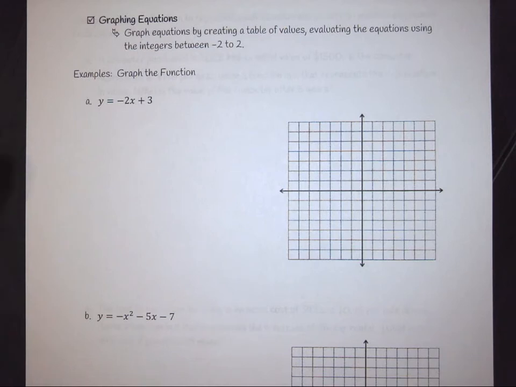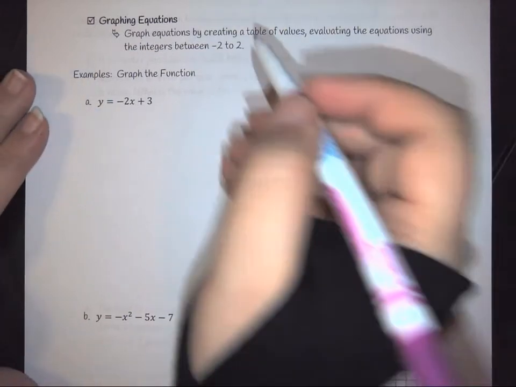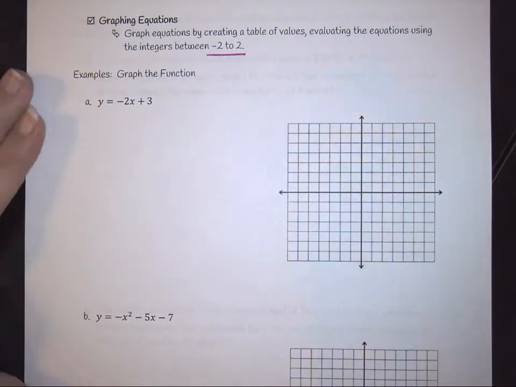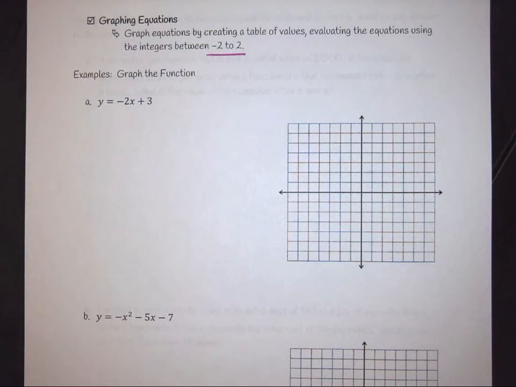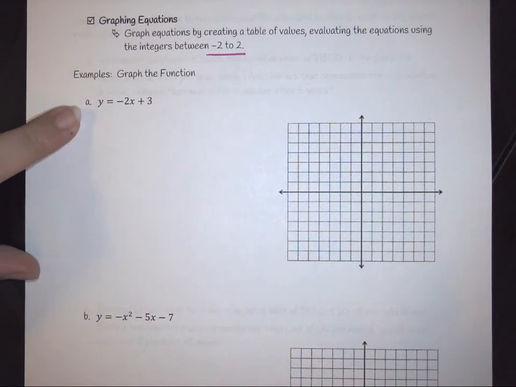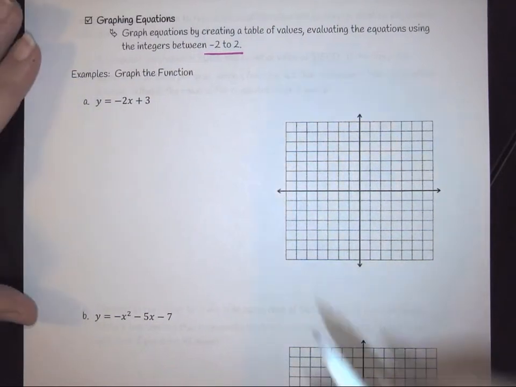Now, the easiest place to start is to create a table that goes from -2 up to +2. That, in general, will give you enough points for you to grasp what it is that you are doing. However, in some cases, you don't have to graph that many points. For example, this first function is a linear function.